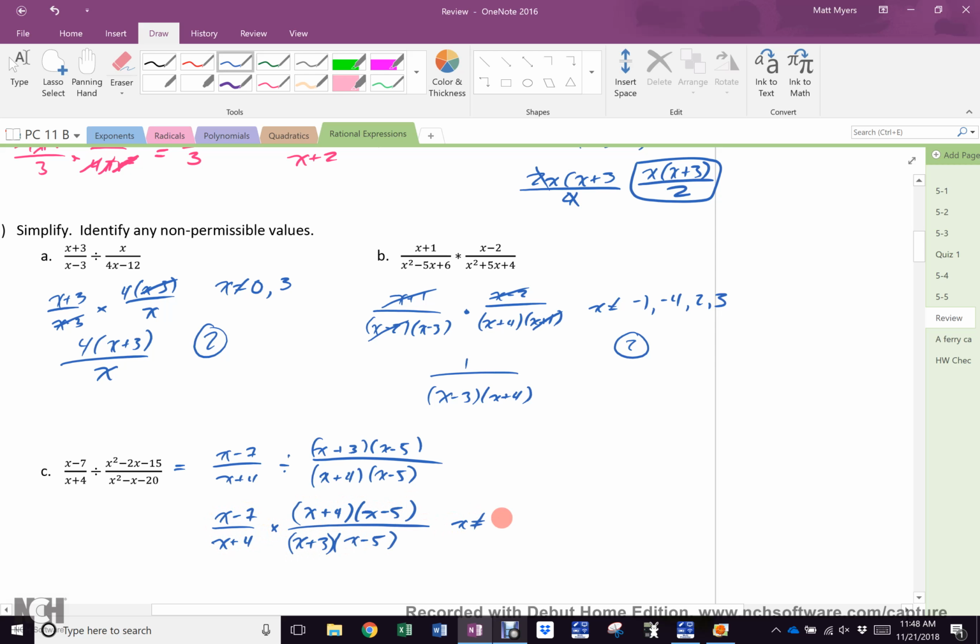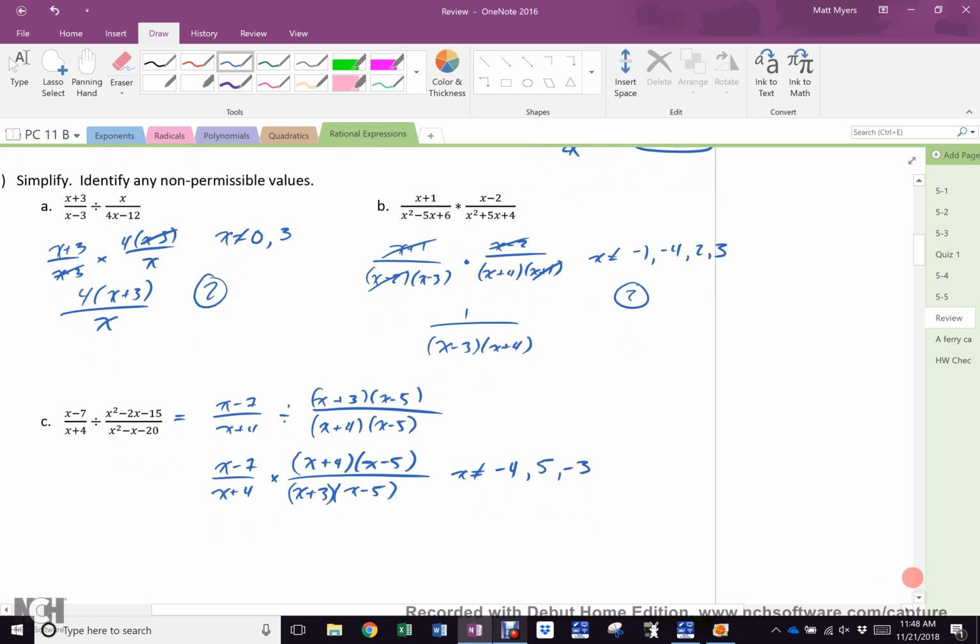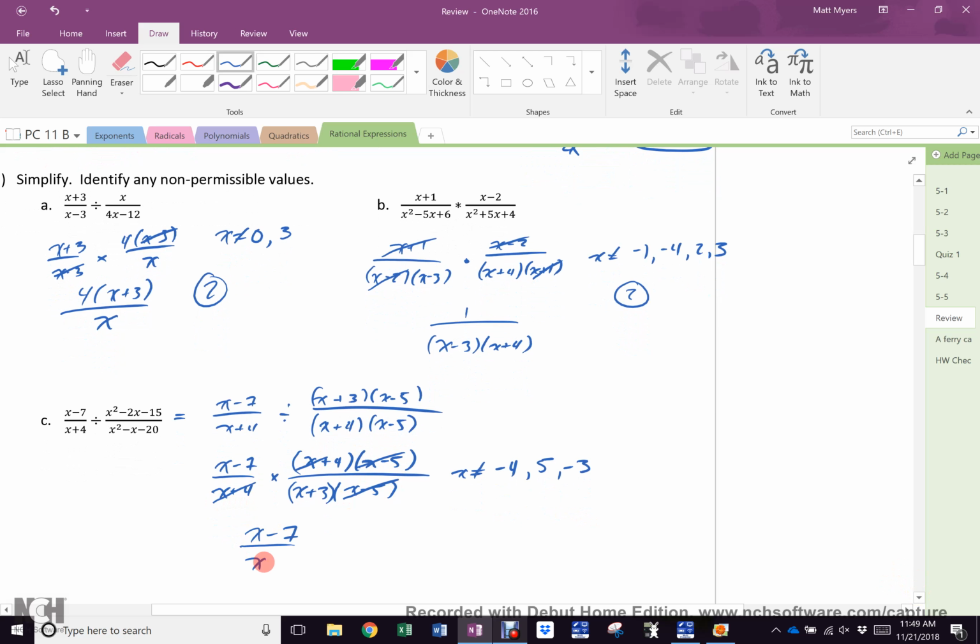X cannot equal -4, 5, and -3. Cancel, cancel, cancel, cancel. X minus 7 over x plus 3. 2 marks.